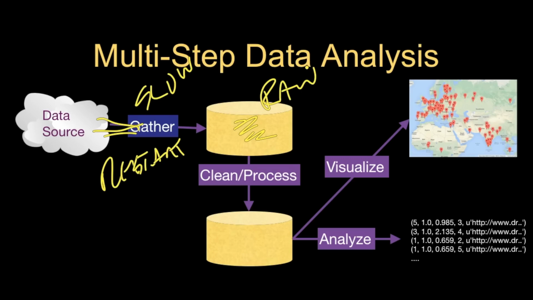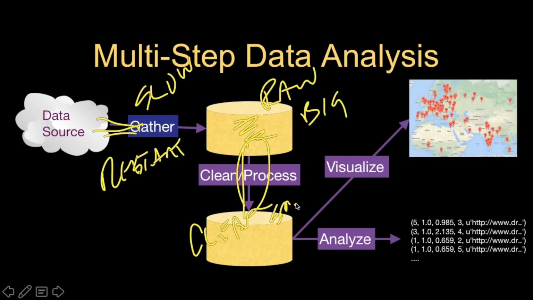And then you find that the data is kind of nasty and ugly, and before you do any analysis, you probably want to clean and process it. So in a lot of these, you're going to go from a raw database to a clean one. And this is going to be really large, and this is going to be really small. You'll do this sort of once, but slowly, and you'll do this as many times as you need, changing this program, cleaning the data up over and over again.